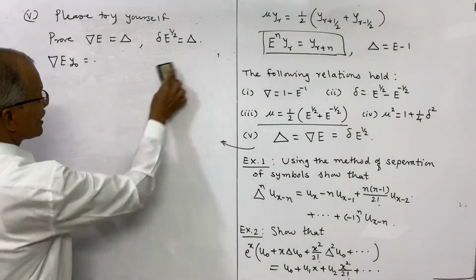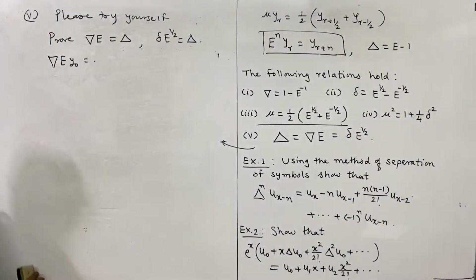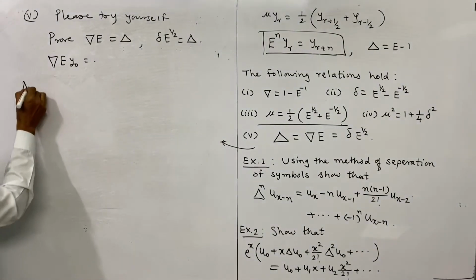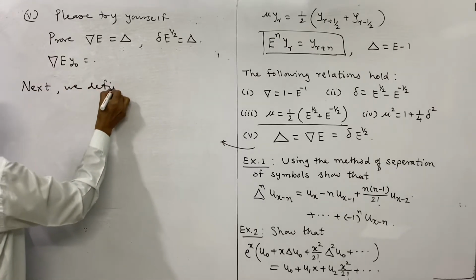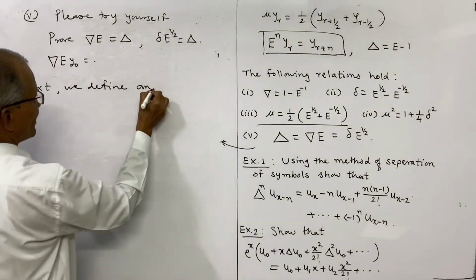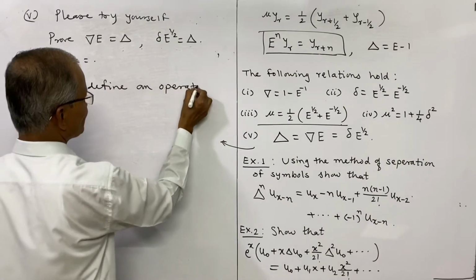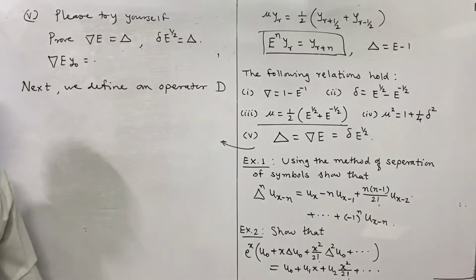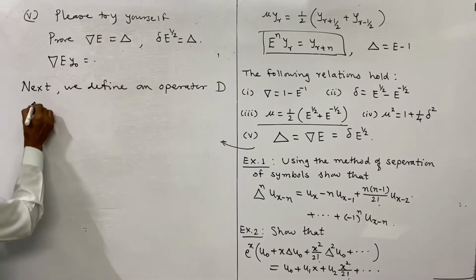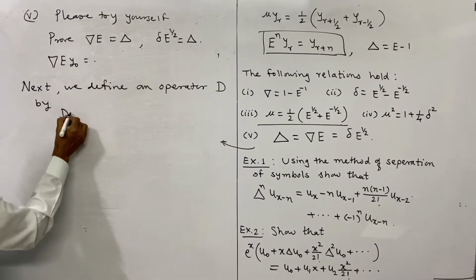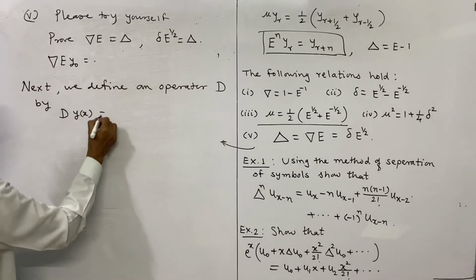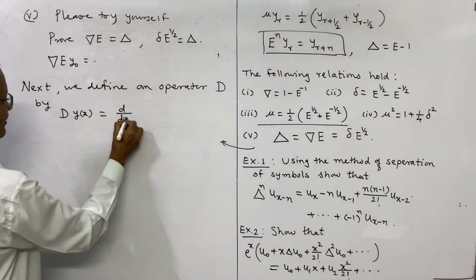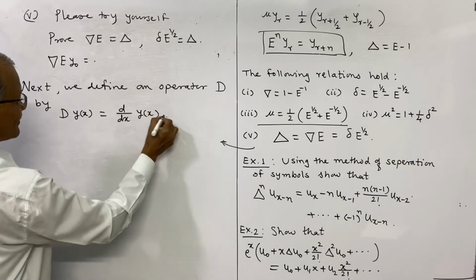Now there is another operator. Further next we define an operator capital D, which is actually the derivative operator, D of y x is equal to d by dx of y x.